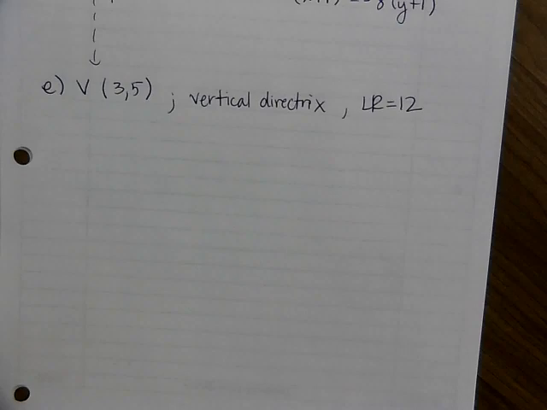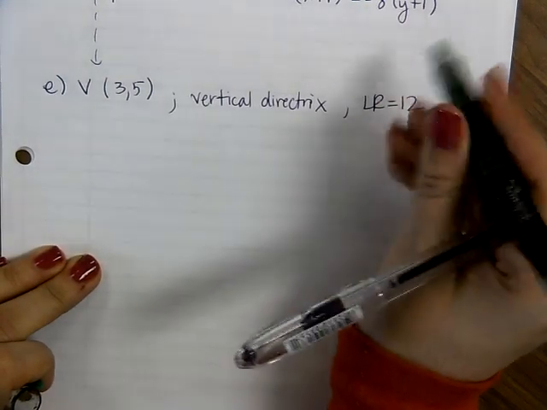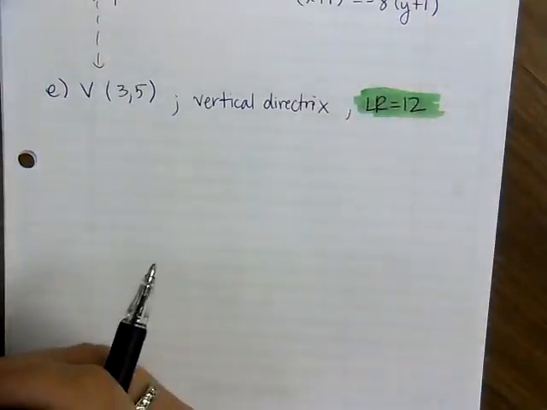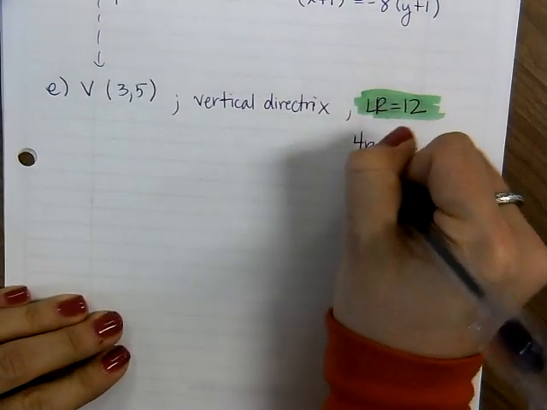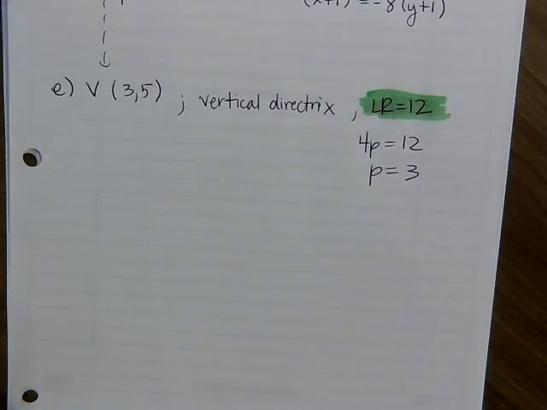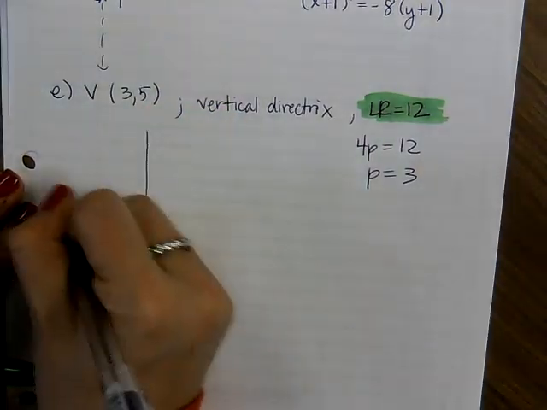What do we know? P equals 3. How come? Because the LR equals 4P. So 4P equals 12. So therefore we know P has to be 3. Okay? Good. Let's sketch what we have so far then.